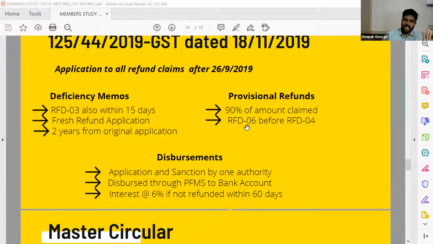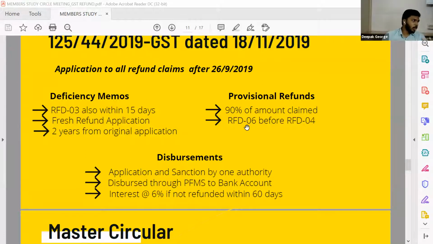There's no more boxes to tick, and he says, okay, why wait for 60 days? I will give you a provisional refund first in 90%, and then later after 10-15 days I'll give you the remaining amount in RFD 06.